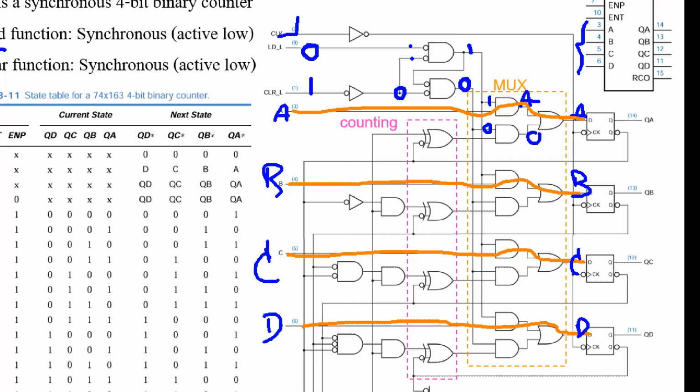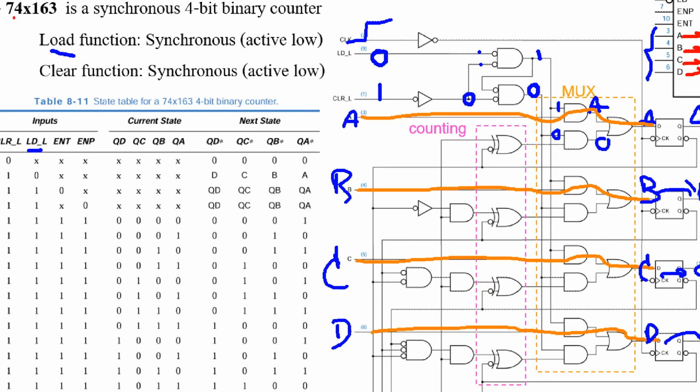Then when the clock ticks, all flip-flops read data at the same time, because they use a common clock. So when updating A, B updates, the value becomes C and D. This kind of behavior that reads the data at the same time is called load.